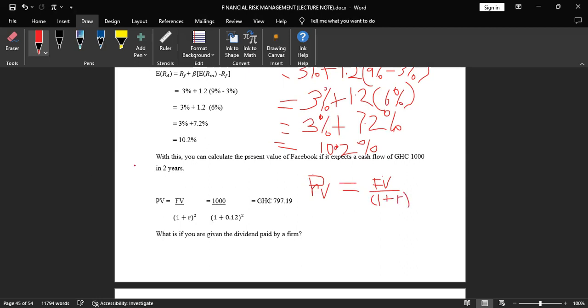They said the cash flow is in 2 years, so we raise the power to 2. We insert the information into it: 1,000 all over 1.12 raised to the power 2. Let me bring the final answer there. We are going to get 797 point.